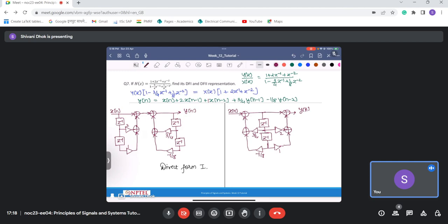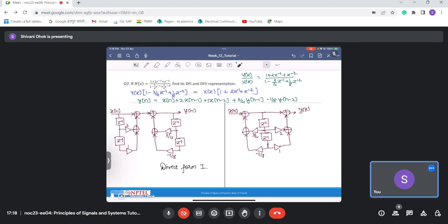This one also I can draw just by inspection. Instead of starting with the numerator, I'll start with the denominator. I'll have this x of n here. Then this is one factor which I have here. Then this z inverse, a delay block of 3 by 4. Then z inverse here, and then this 1 by 8 with a negative sign and these adders.